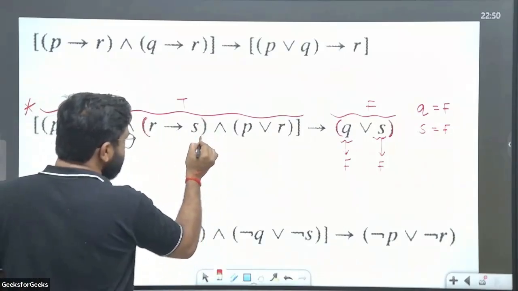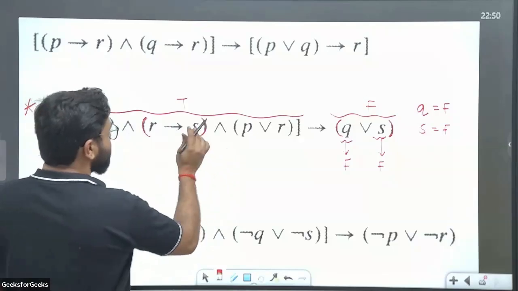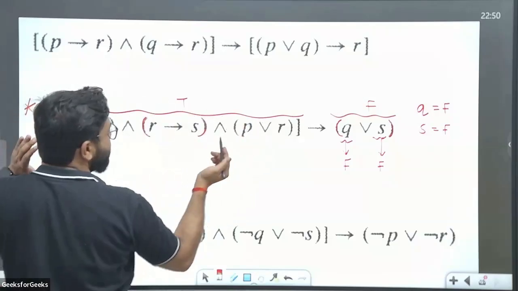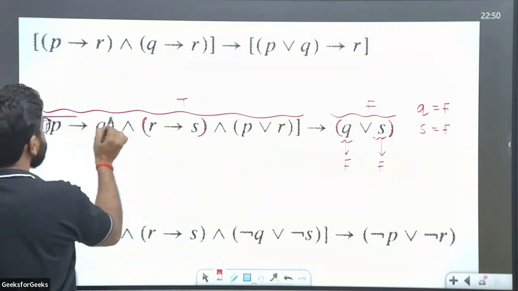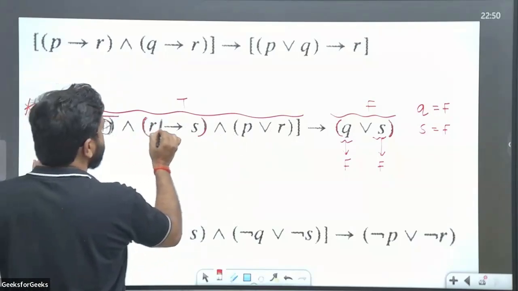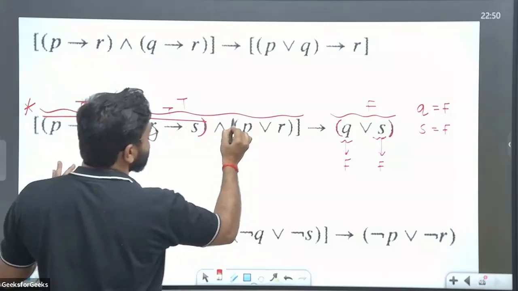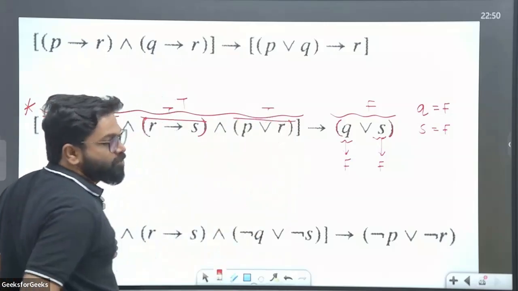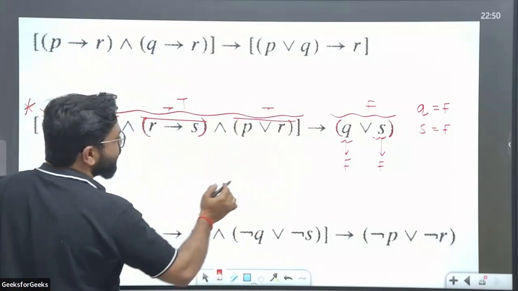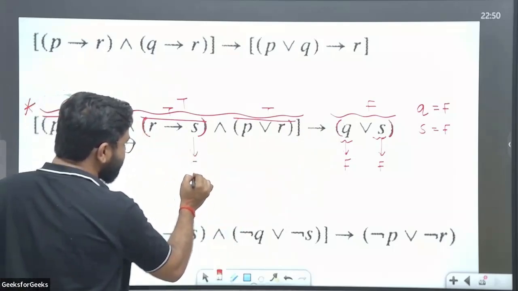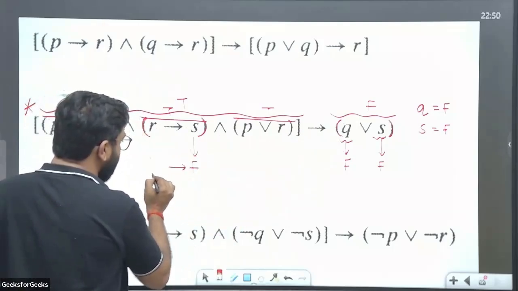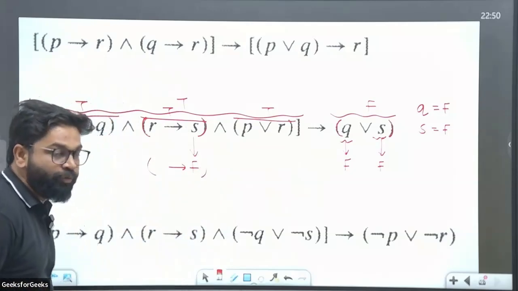Now this whole left side is true, and it is made up of AND conditions, so this bracket must be true, this bracket must be true, and then this bracket must also be true. Now try to understand: we got the value of S, so here the value of S is false, and the whole bracket is demanding true.